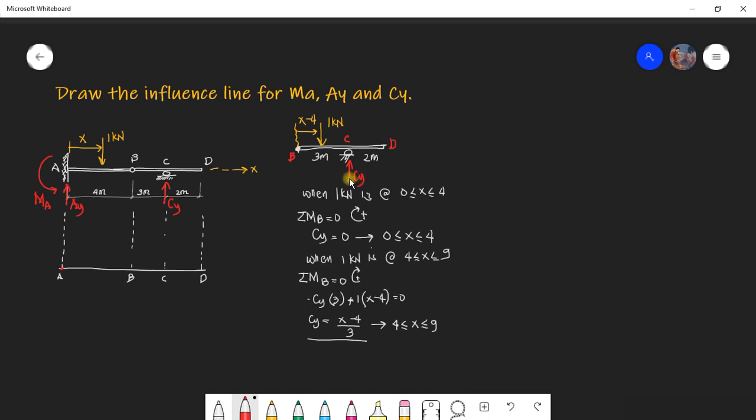So it is still 0 here. Now when X is equal to 4, you can use this value, since 4 is included here. Substitute 4: 4 minus 4 is 0, and 0 divided by 3 is still 0.